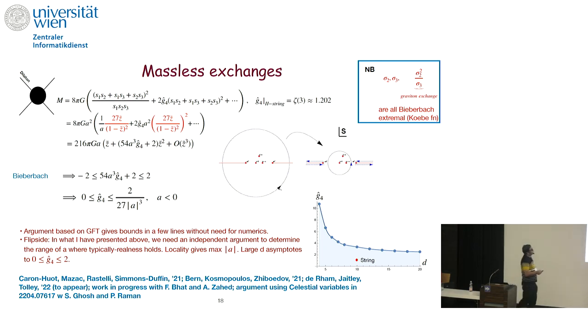The interesting difference is that unlike the massive case, the bounds now become space-time dimension dependent. Because to find the maximum value of A, I need to tell you where typically realness holds, and where typically realness holds is a function of D. So as D goes to infinity, the upper bound goes to 2. And string theory nicely lies inside.